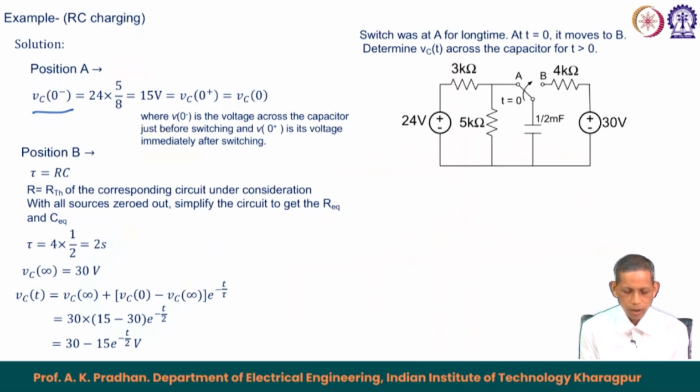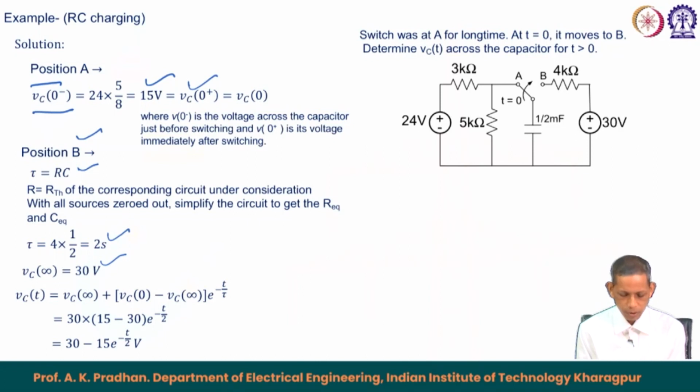As already mentioned, at position A VC(0) equals 15 volt, and because capacitor voltage cannot change instantaneously, this is also VC(0 plus). At position B, tau is RC, which is 2 seconds, and VC(infinity) is 30 volt.